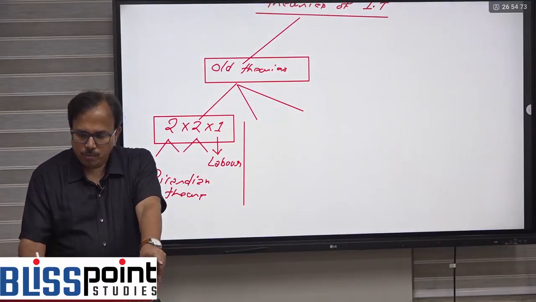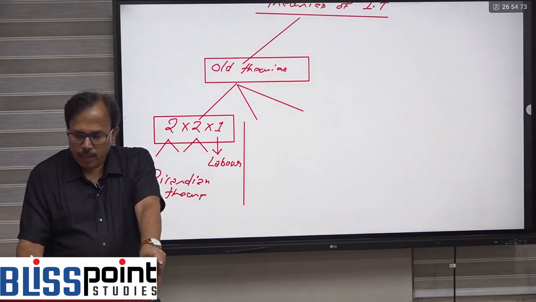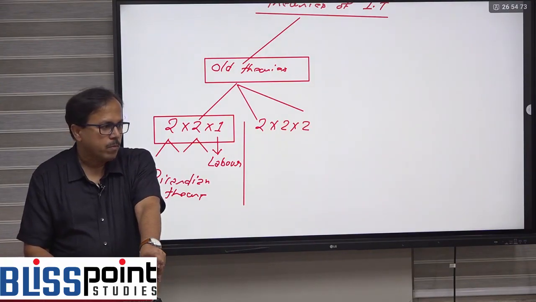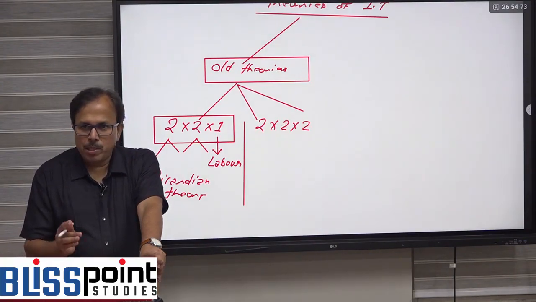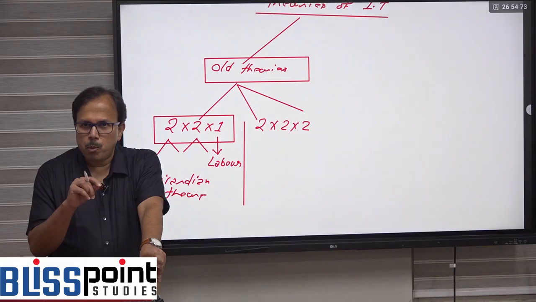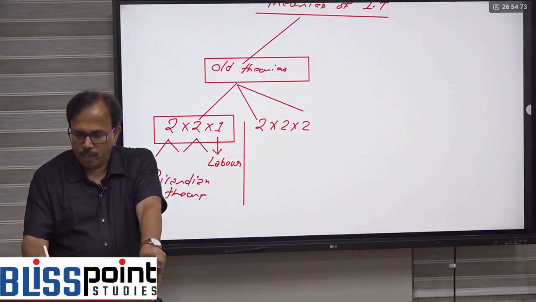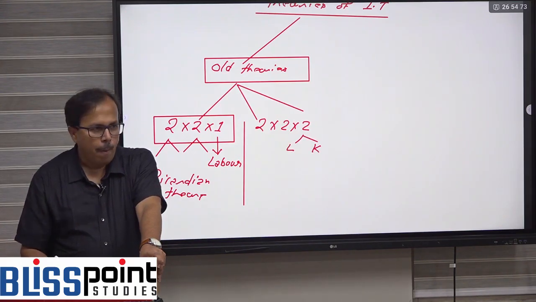The second one will be, we move from 2 by 2 by 1 to 2 by 2 by 2. So 2 by 2 by 2 means trade between two countries producing two products by using two factors of production. So now we consider two factor production. One factor is, let us say, labor, other factor is capital.